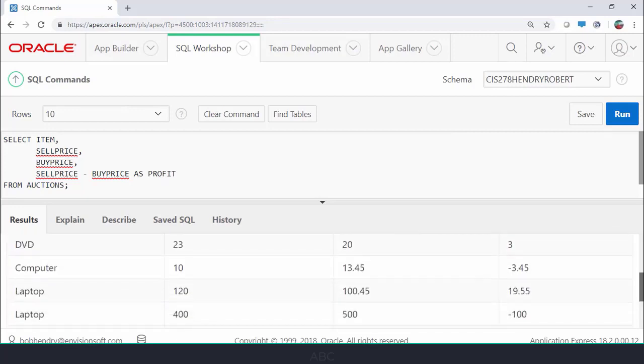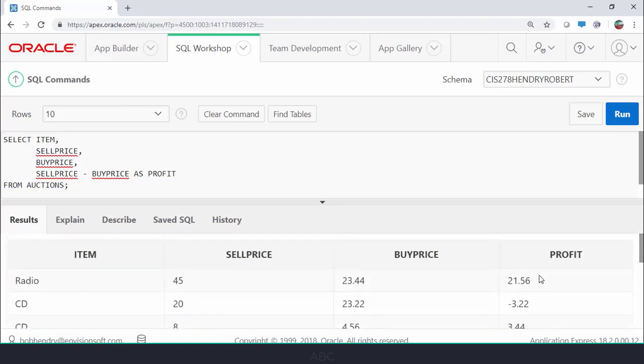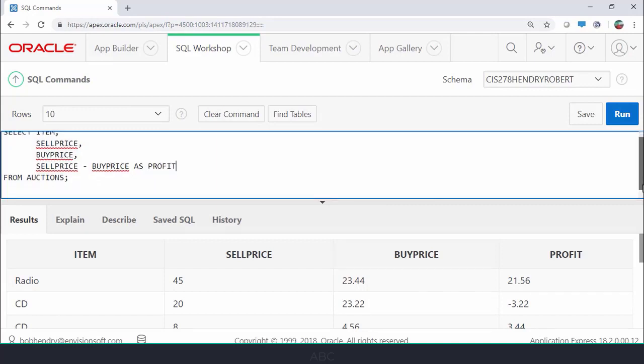Now again, we can sort this if we want, but basically let's write a SQL statement that'll do this for us. So we're basically looking for this guy here, radio for 21 point whatever. We could do the following. We could say, from auctions, where sell price minus buy price, and we could bracket this.